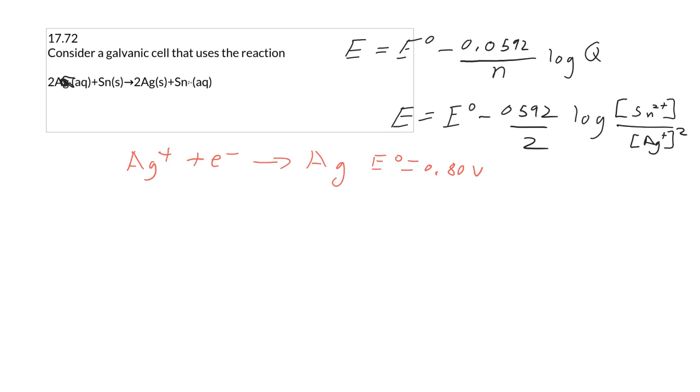Then I have tin going to tin 2 plus 2 electrons. And when I flip the reduction potential for that from the chart, I get 0.147.